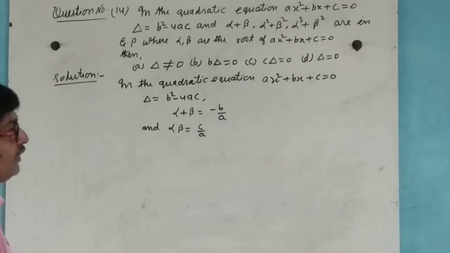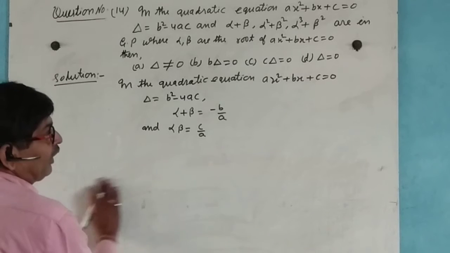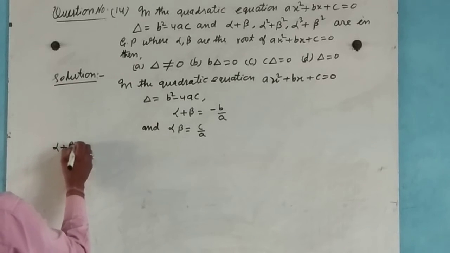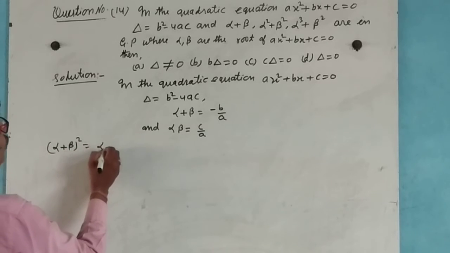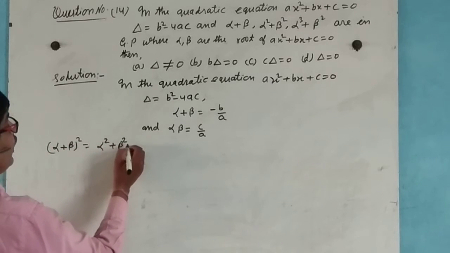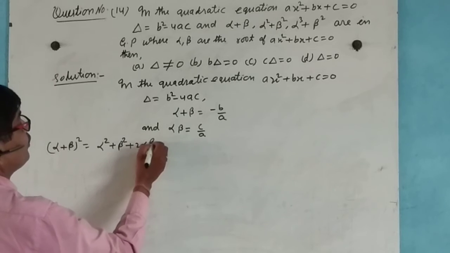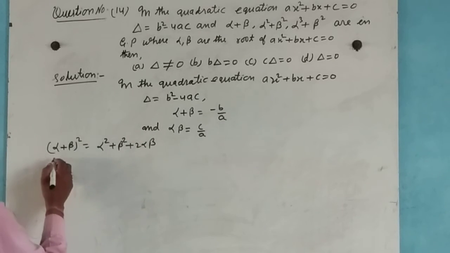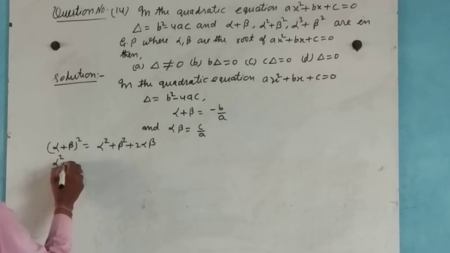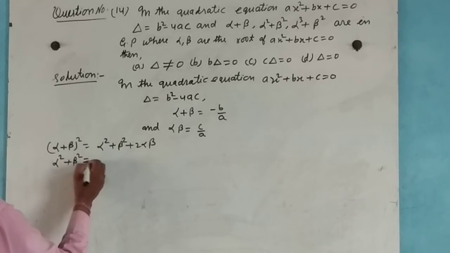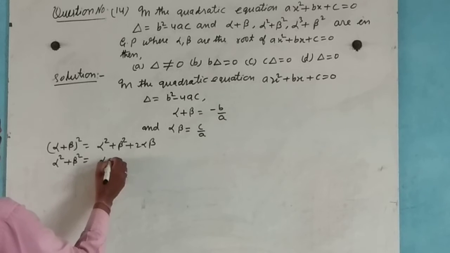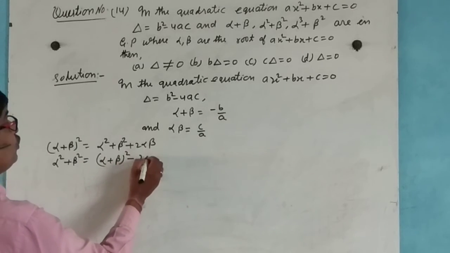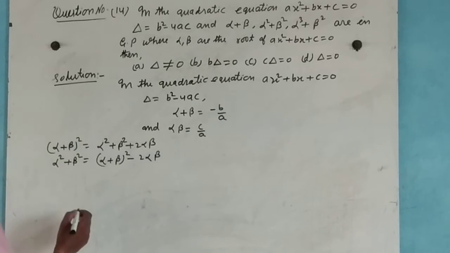We first calculate their values. We know that (alpha plus beta) whole square equals alpha square plus beta square plus 2 alpha beta. So alpha square plus beta square equals (alpha plus beta) whole square minus 2 alpha beta.